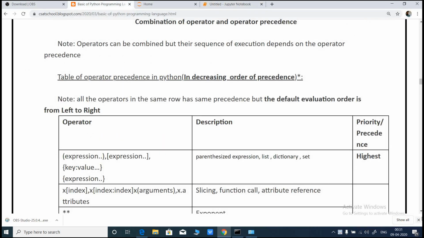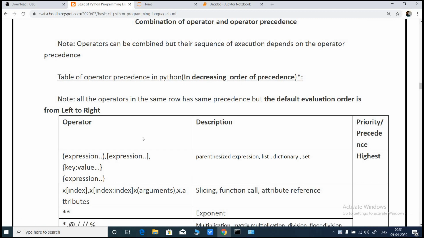So we'll go to our blog post to check out the table which shows our operator precedence. The first thing is expressions that are enclosed within brackets, that is parentheses, square brackets, or even dictionaries. If you want to change the behavior of a particular operation, we can put it inside parentheses, and obviously they will be given higher precedence.